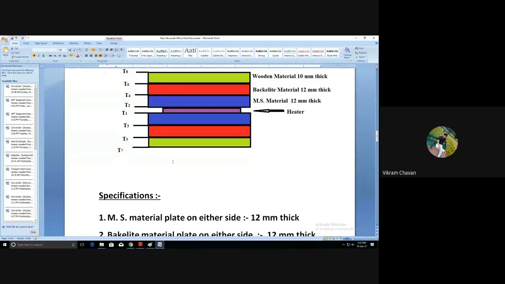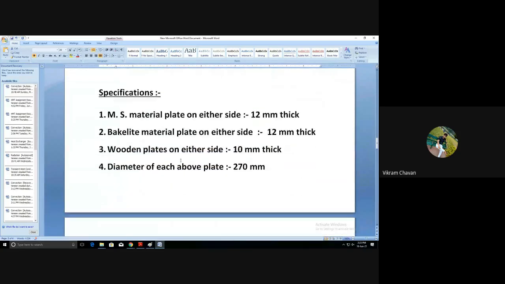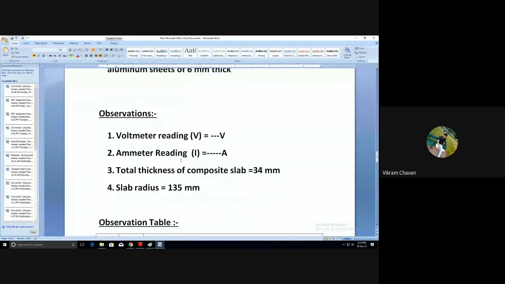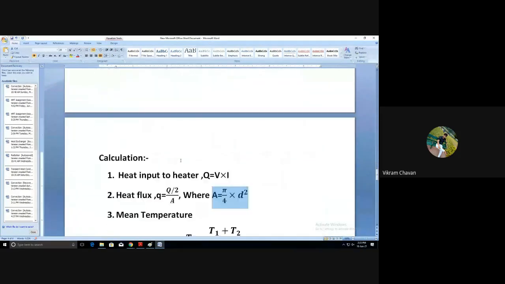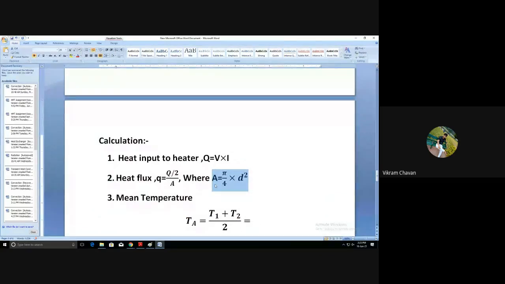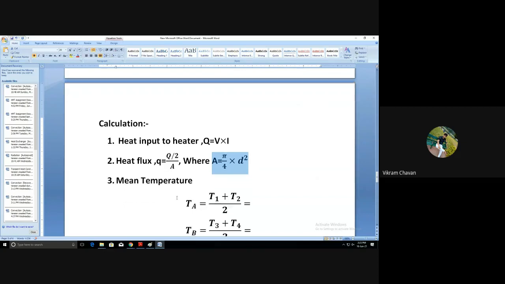That is nothing but the surface area of that particular plate, or composite slab, which will be considered as the perpendicular surface area. For the circular geometry, the surface area will be considered as pi by 4 multiplied by d square. Here the diameter or the radius is known to you, so you can calculate the surface area. Then further we have to take the mean temperatures.